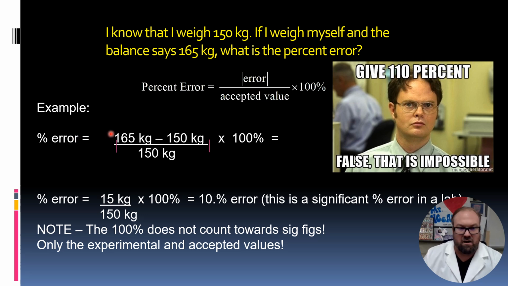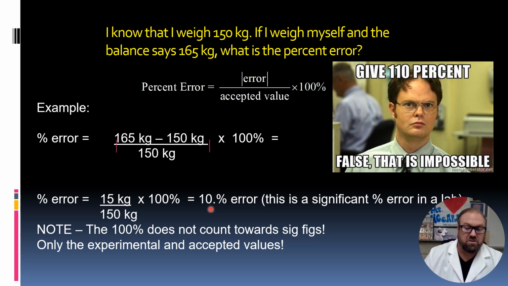The percent error equals the absolute value of 165 minus 150 kilograms, all divided by 150 kilograms times 100. Breaking that down further, it's 15 kilograms divided by 150 kilograms. 15 kilograms is the absolute value of the error. Then we multiply by 100. When we work this math out in our calculator, it comes out to be a 10% error.